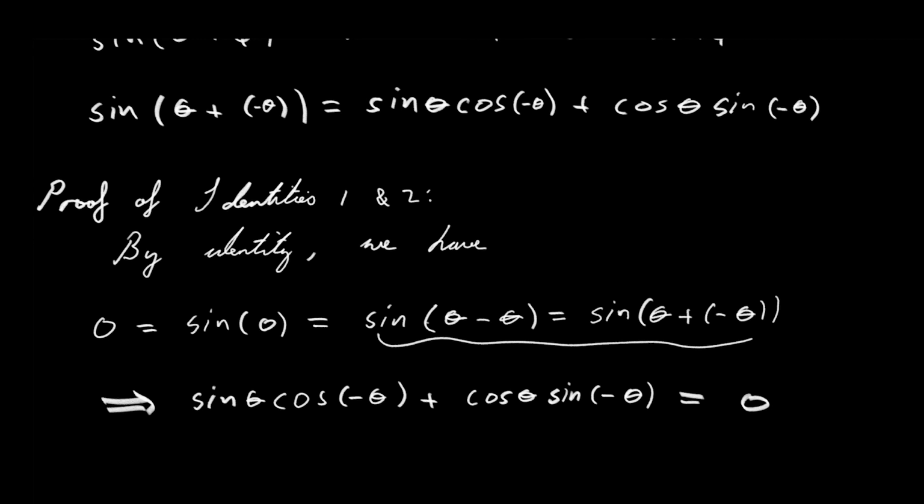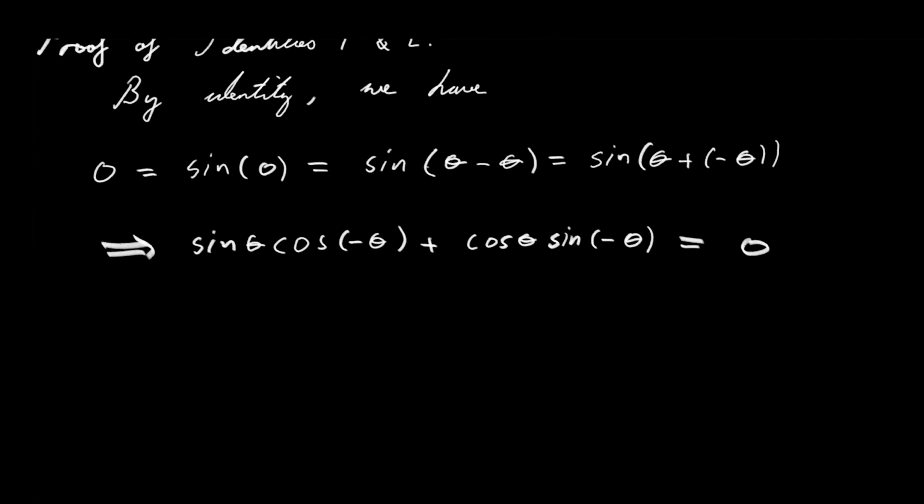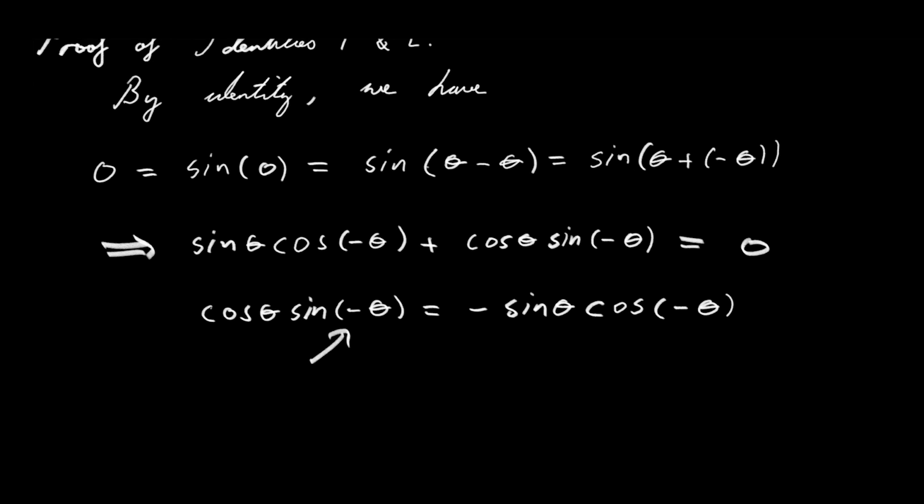So what we can do is subtract this term from both sides. And if we do that, we have that the cosine of theta times the sine of negative theta equals negative sine of theta times the cosine of negative theta. Now what we can do is divide both sides by the cosine of theta and divide both sides by the cosine of negative theta after that.